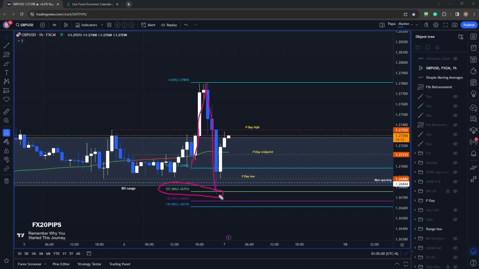Now if price will start to rebound from here, the 127.2 level, it usually tries to at least go back to the 100% here. Alright, so this is one of the tricks that you can use to quickly make some scalping profit here.